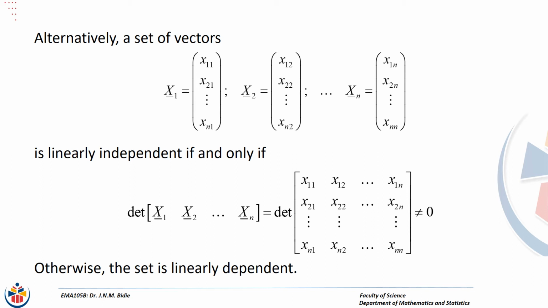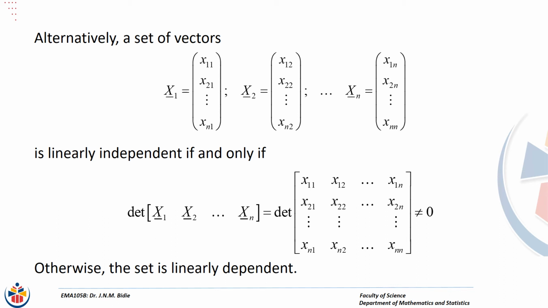In the matrix, vector x1 goes into the first column, vector x2 goes into the second column, and vector x3 goes into the third column. And then thereafter, find the determinant. Now, if the determinant is not equal to 0, then the vectors are linearly independent. But if the determinant is equal to 0, then they are linearly dependent.